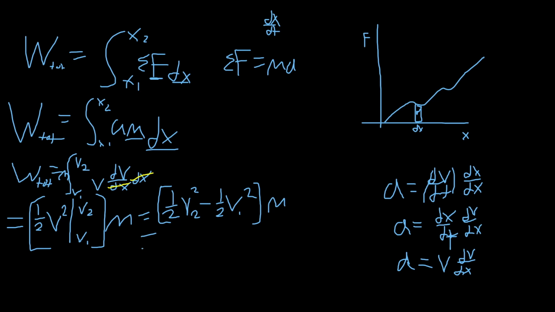Once we multiply each part by its mass, this is actually the work energy theorem from before, because we know that kinetic energy equals 1/2 mass times velocity squared. Now that we know that, it tells us that the work energy theorem is valid even without the assumption that there's a constant net force.